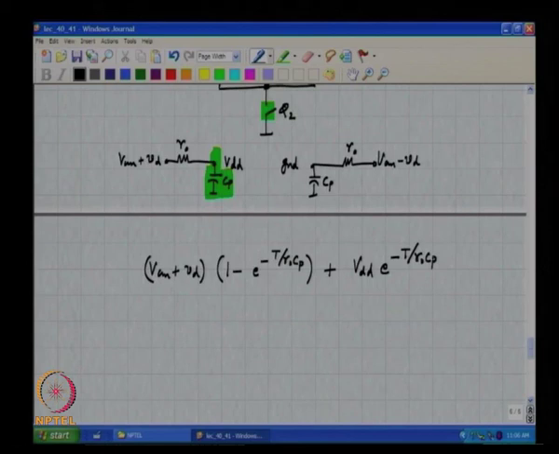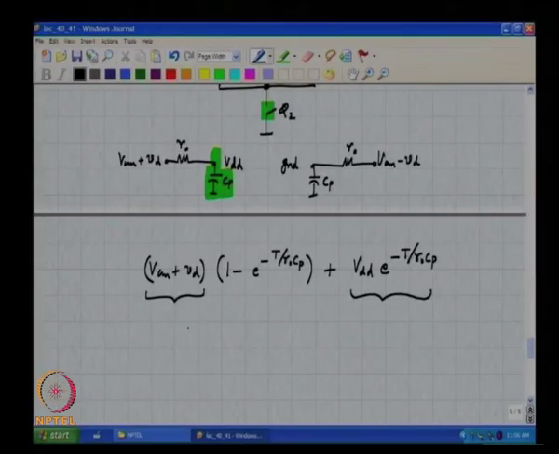So, at the end of a time t, the voltage which will be on Cp is not truly the input voltage, but it also remembers the past. This will be particularly problematic when the previous input caused the output voltage, this particular node, to go to VDD, and the next input will potentially cause this node to go to ground.